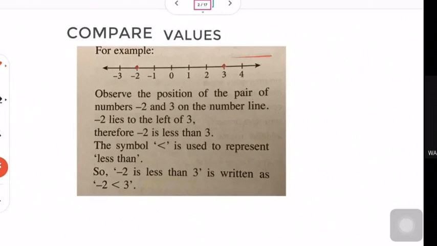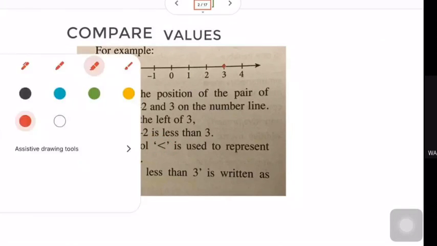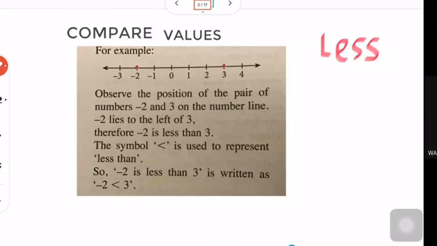Therefore -2 is less than 3. The word less is represented by this symbol. So we can write -2 is less than 3.